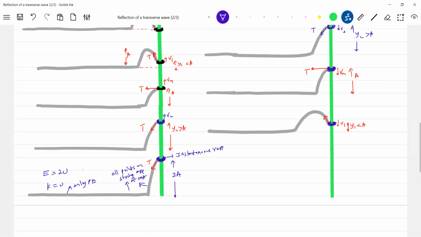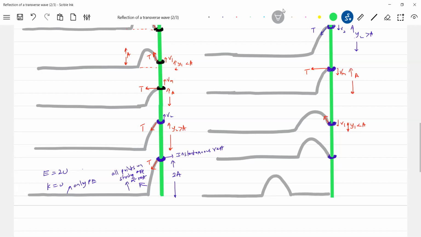Next sequence, a wave will be, okay. I agree this one. So like this, the sequence will take place.